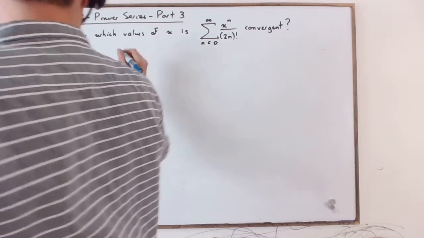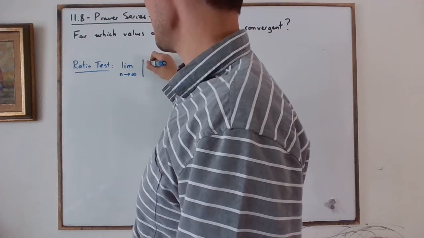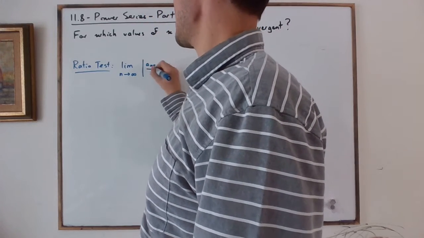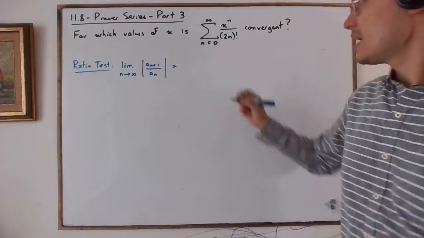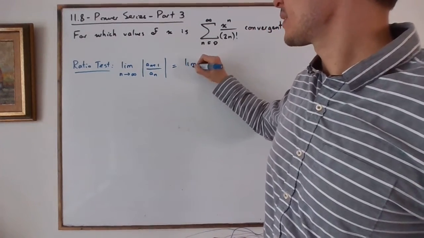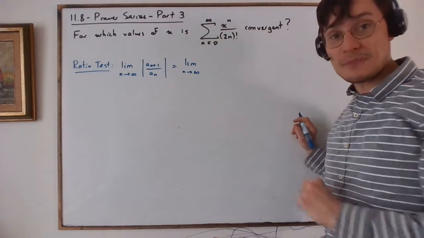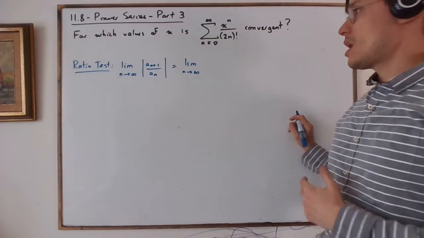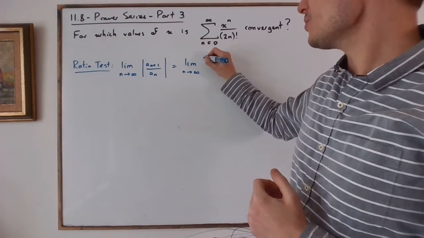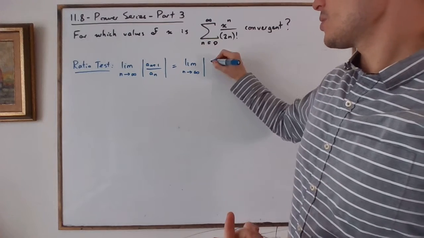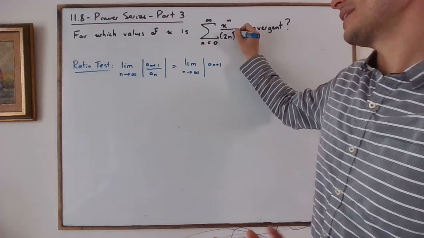Remember that for the ratio test, what you do is the limit as n approaches infinity of a_{n+1} over a_n. Let's see where we need the absolute value and where we don't. Something you might want to remember is to write it like this, because this has a numerator and a denominator.